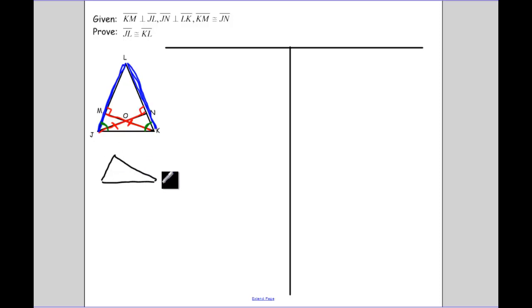Redrawing. I have triangle KMJ with a right angle. And similarly, I have another one, that is JNK. And in these triangles, we knew that JN was equal to MK.